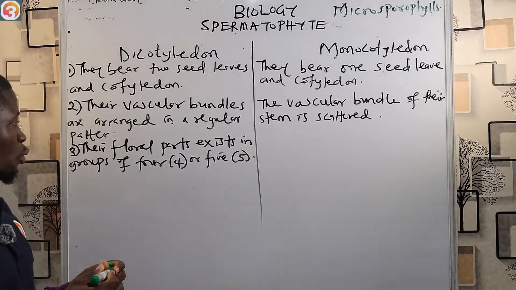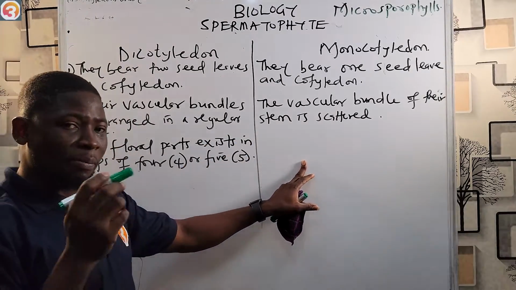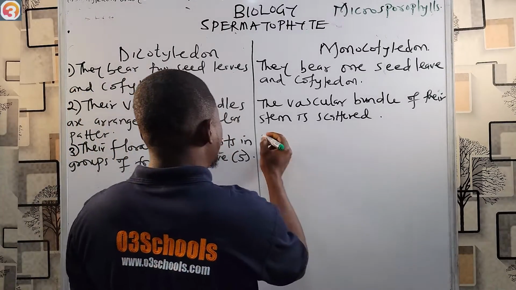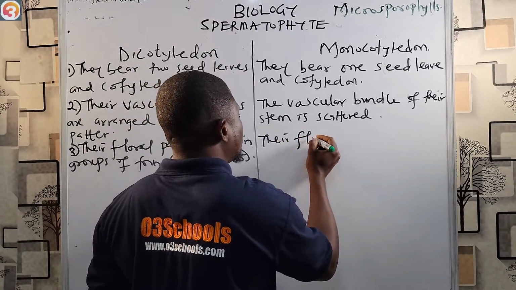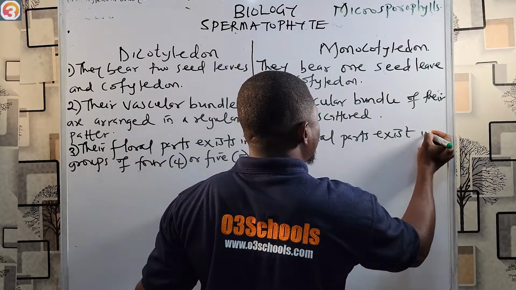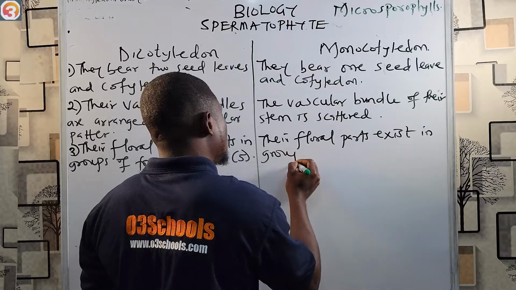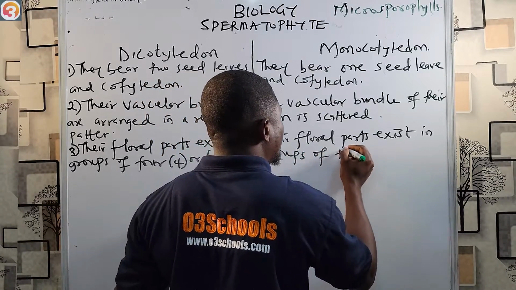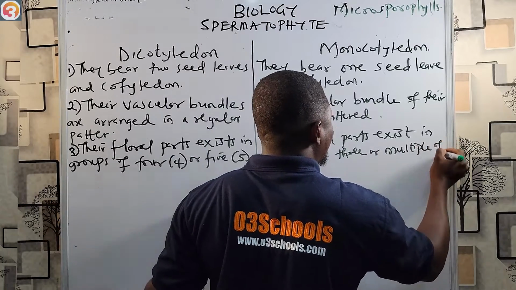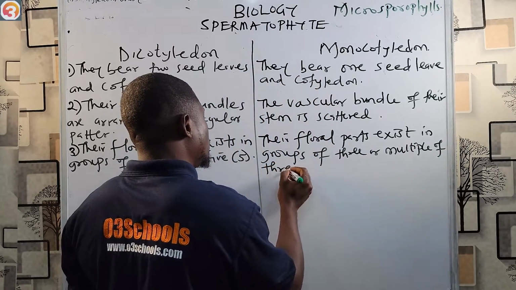Okay, now this one, for the monocotyledon, the floral part exists in groups of what? 3 or multiples of 3. Okay, the floral parts exist in groups of 3 or multiples of 3.